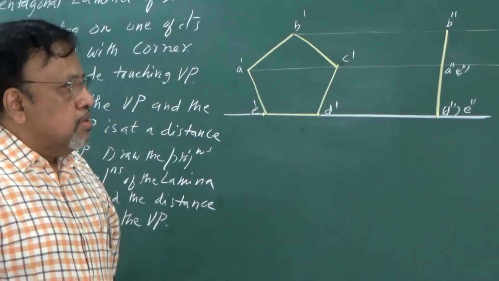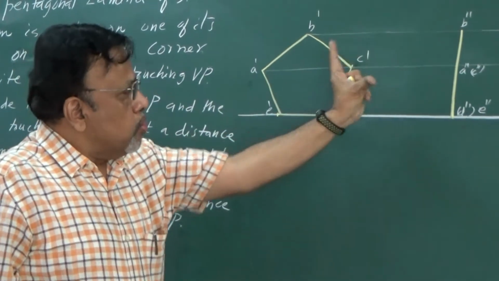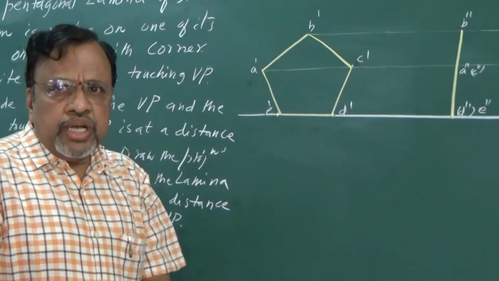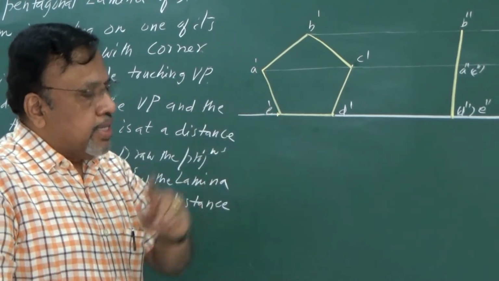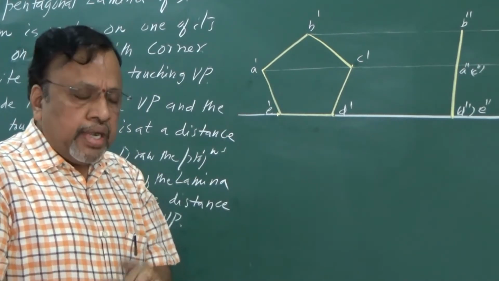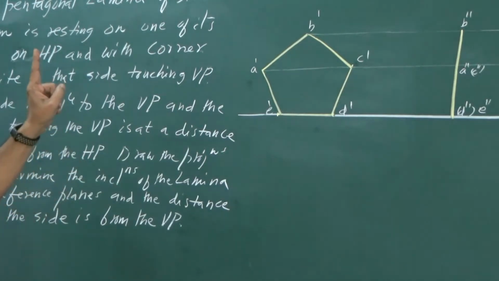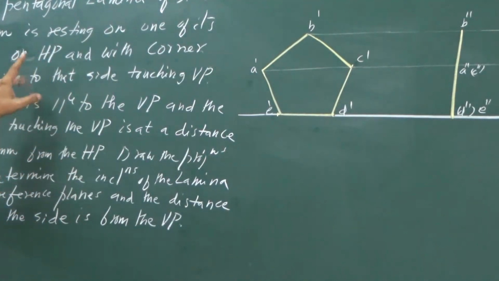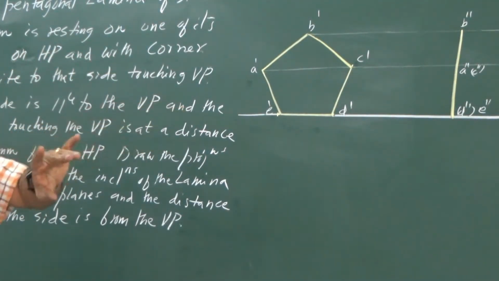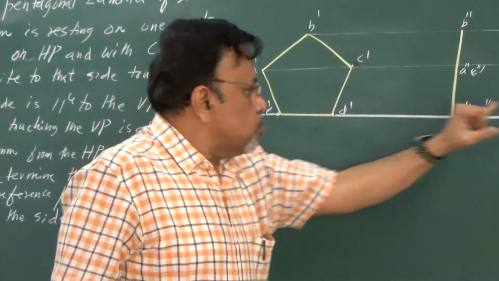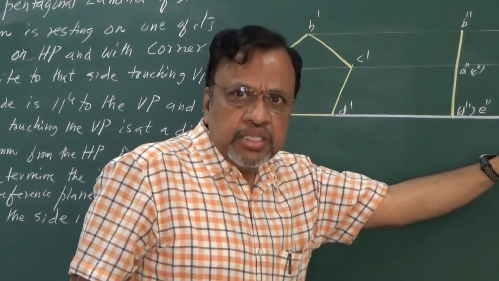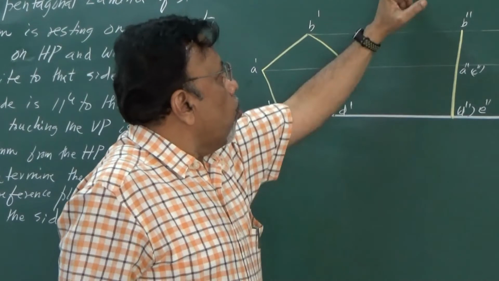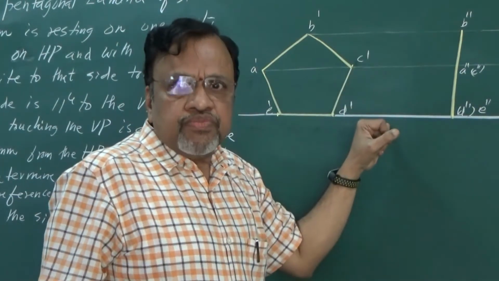Now what about the corresponding lamina? I told you that the lamina is seen as a line in the side view, but I wanted to show that one of the sides of this lamina is on HP. So you know that in the side view, this OY represents HP, whereas OX1 represents VP.